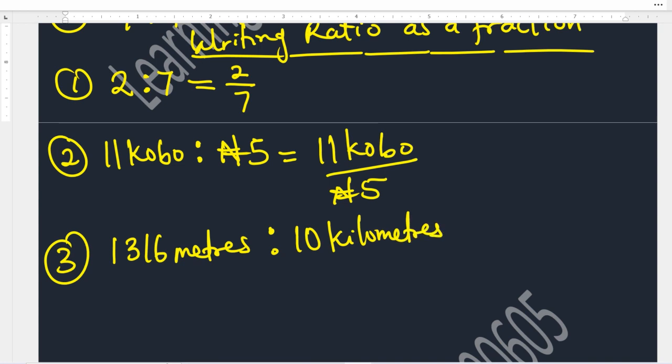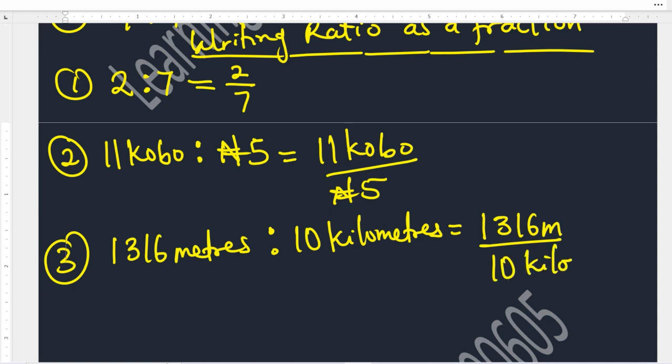So we're also to write this ratio as a fraction. Ratio 1,316 meters is to 10 kilometers. That will be ratio 1,316 meters divided by 10 kilometers.